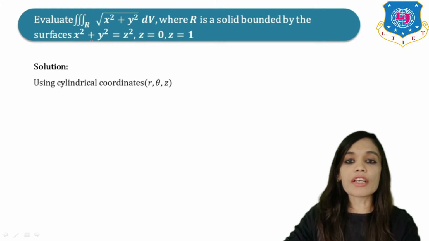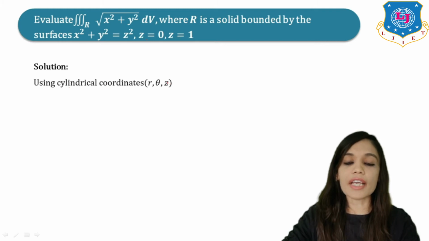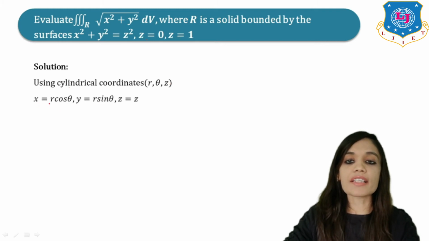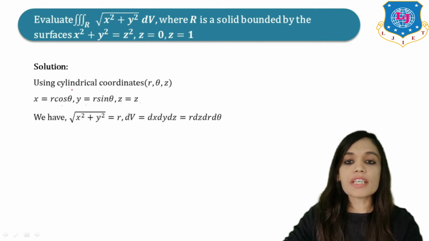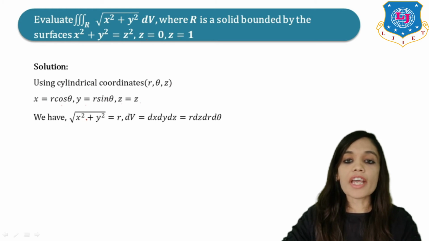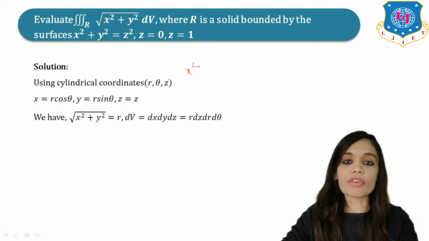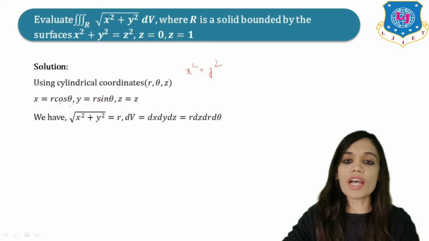So here we will evaluate this using cylindrical coordinates r, theta and z. So we will assume x as r cos theta, y as r sin theta and z as z. Therefore from this we can say x square plus y square is equal to r square, right? Because x is r cos theta and y is r sin theta.